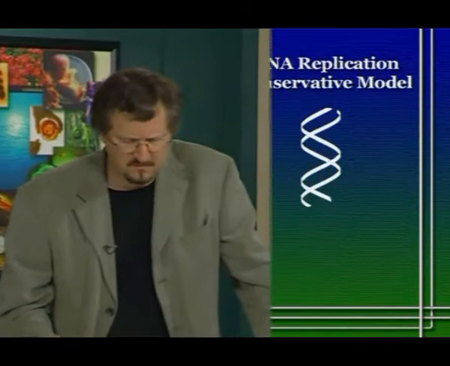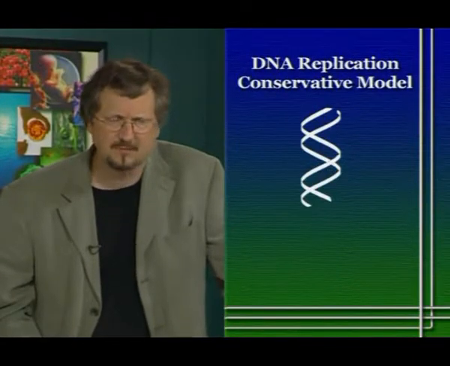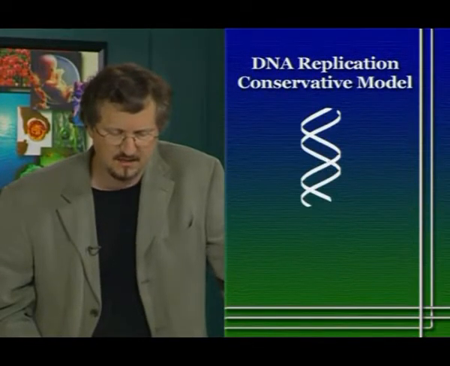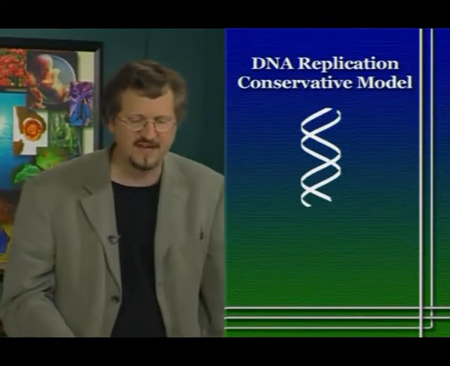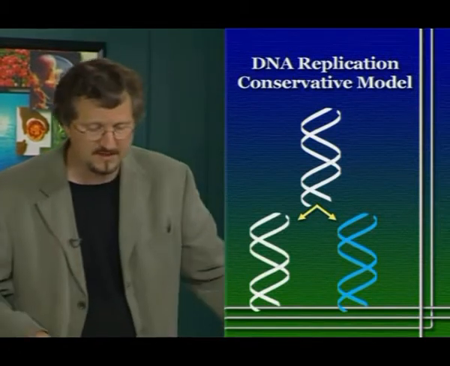Actually, as soon as Watson and Crick proposed that, there were two alternative hypotheses very quickly proposed. The first alternative suggested no, the DNA double helix must remain completely intact when it's replicated. That is, the two strands don't separate, and the entire molecule is used in some fashion as a template for making more DNA.